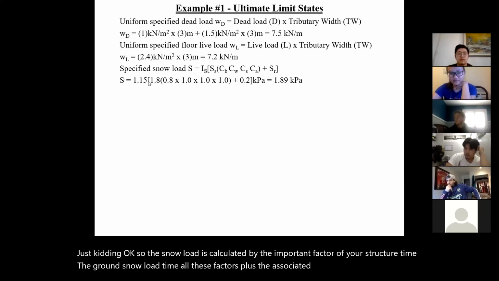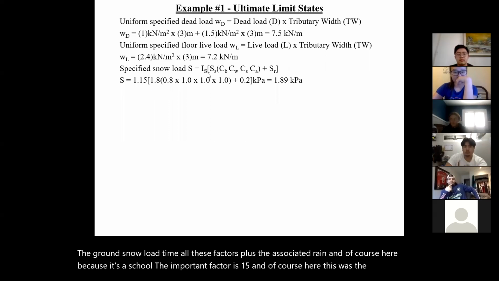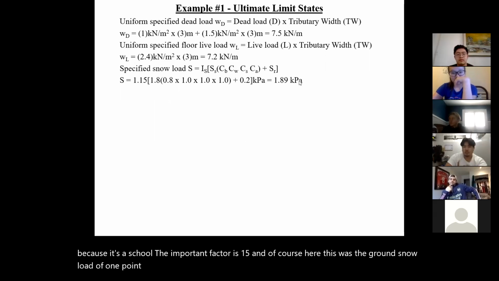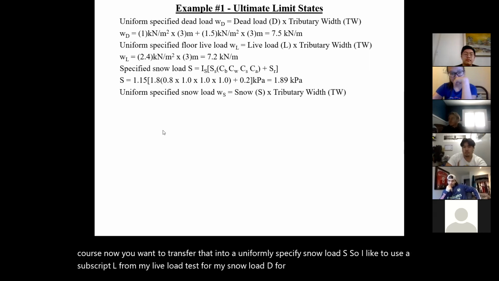And of course here, because it's a school, the importance factor is 1.5. And here, this was the ground snow load of 1.8. And then of course the associated rain, this comes out to 1 kPa. And of course now you want to transfer that into a uniformly specified snow load S. So I like to use a subscript, L for my live load, S for my snow load, D for my dead load, so I know what I'm looking at.